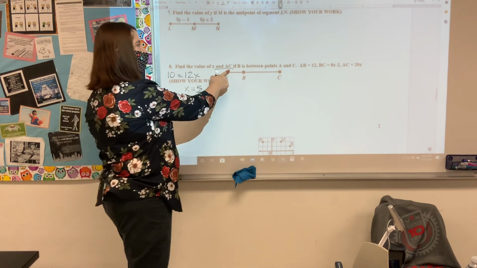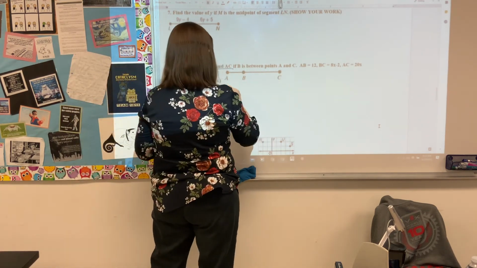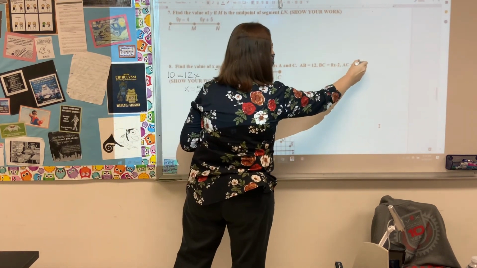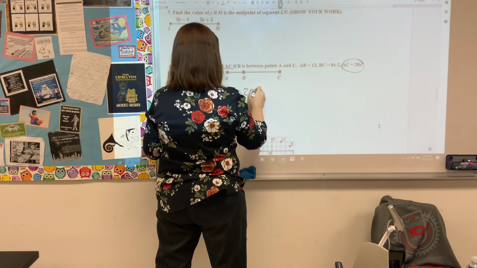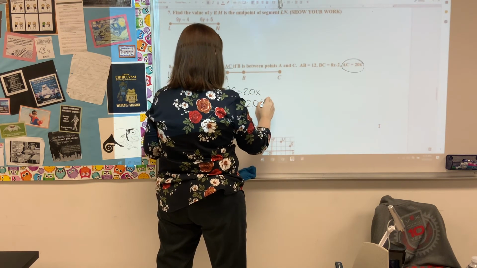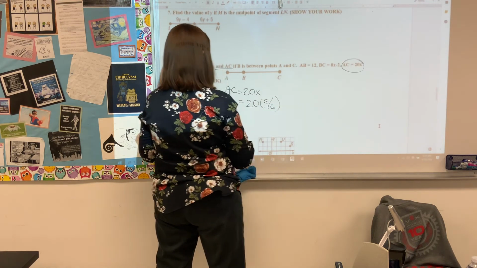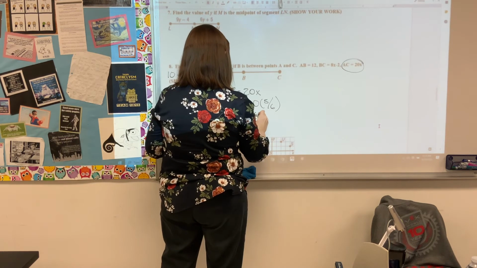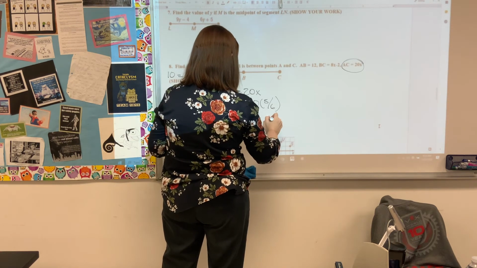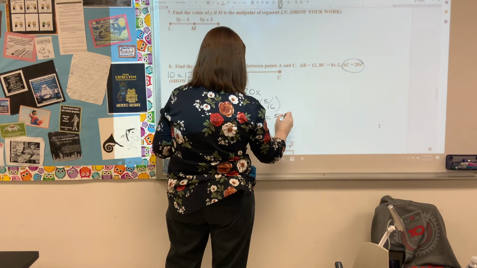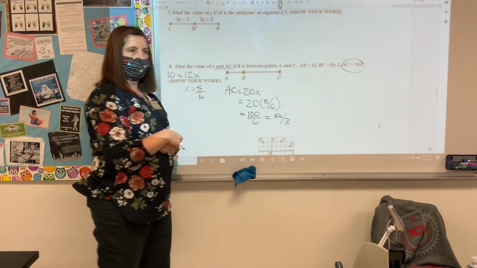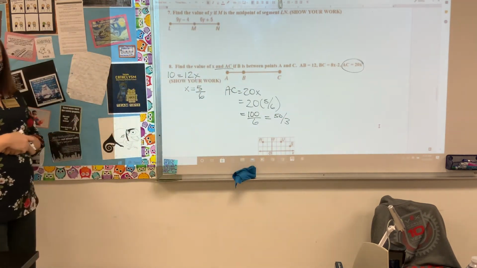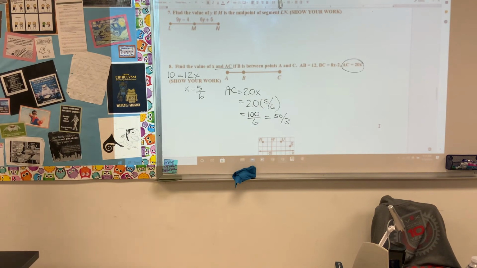So what does that mean for AC? AC, we know, is 20x. So now I just need to put in 20 times 5/6. I could say 100 over 6. I could simplify that and say that's 50 over 3. Again, we have a hard time picturing what 50 over 3 is. So could I put it as a decimal just so that I can comprehend it?